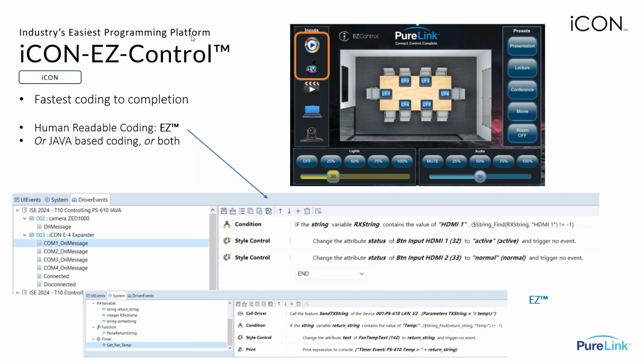So it is showing an example here of a conditional statement based on the response from the RX string of whatever device you're trying to control. It allows you to just have drop-down menu options to be able to fill based off of the criteria that the iCON software will allow you to do.